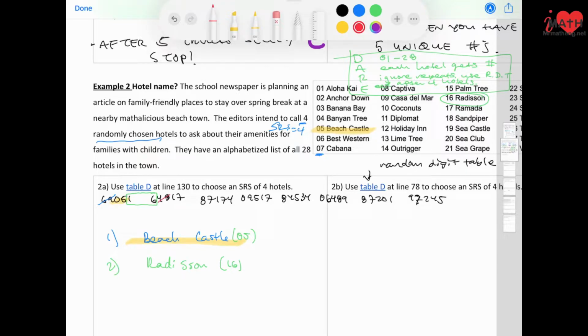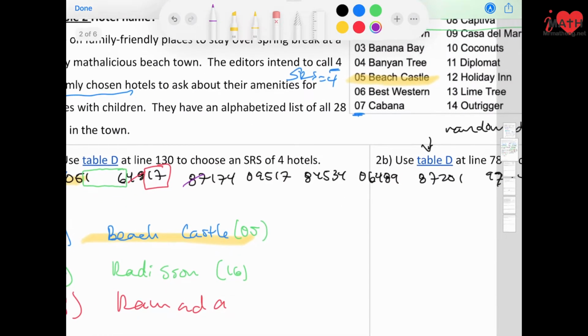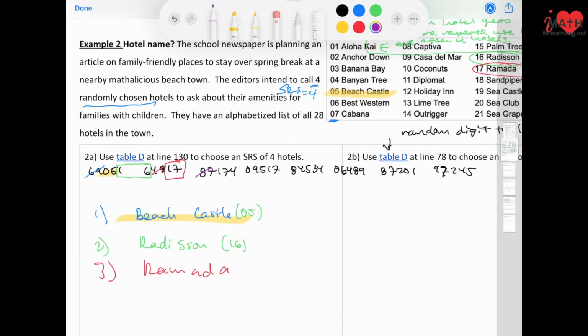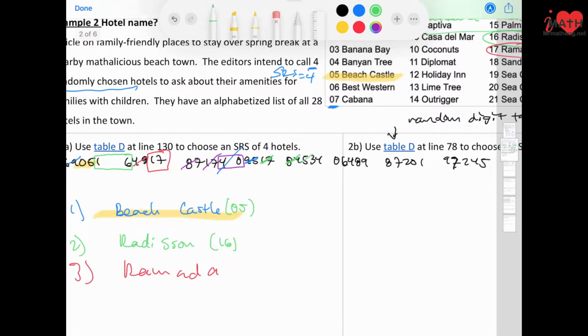Okay. And then 48, no. Okay, 17 on there. Yeah, 17 is on there. 17 is the Ramada. Okay, let's keep going. 87, no, that's not on the list. 17, okay, pay attention. This is a repeat, so we're ignoring repeats. The next number, 40, am I using 40? That number's not on the list. Number 95, no. 17 is a repeat again. 84 is on there. 53. 40, is that on there?